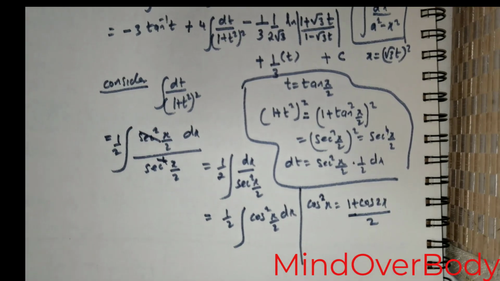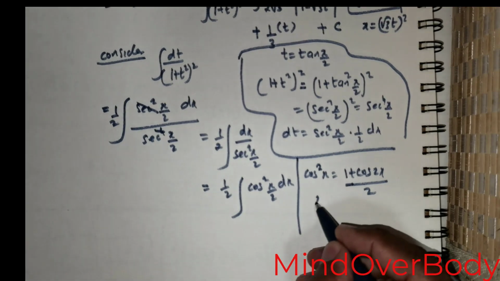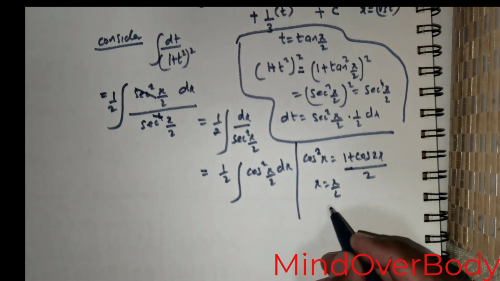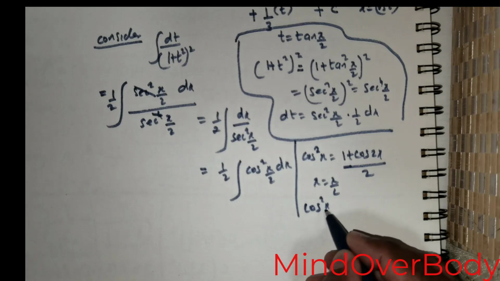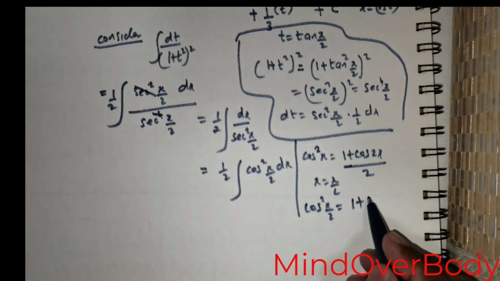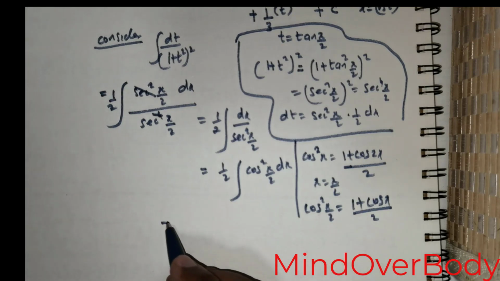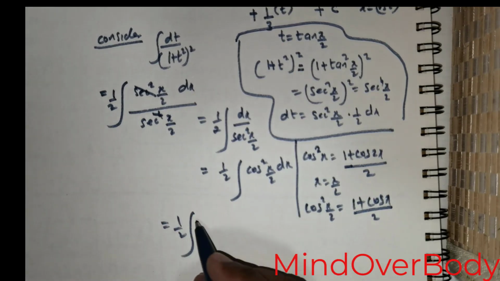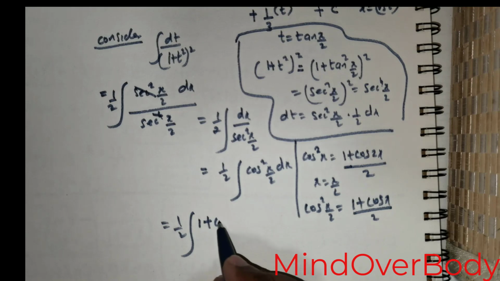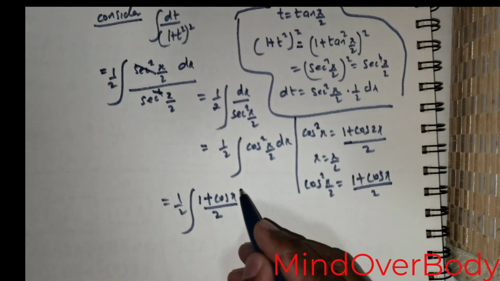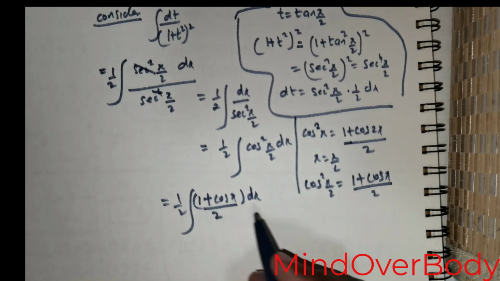This is for cos squared x. Now if I replace x with x over 2, then I would have cos squared x over 2 is equal to (1 plus cos x) over 2. So this is what I would have. Now this is equal to 1 over 2 times the integral of (1 plus cos x) divided by 2, multiplied by dx.